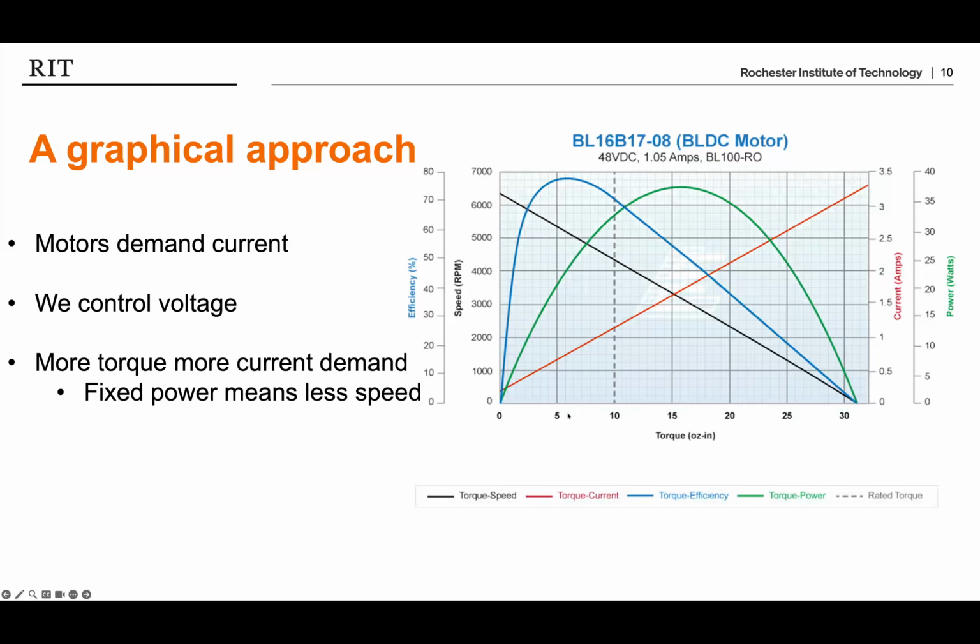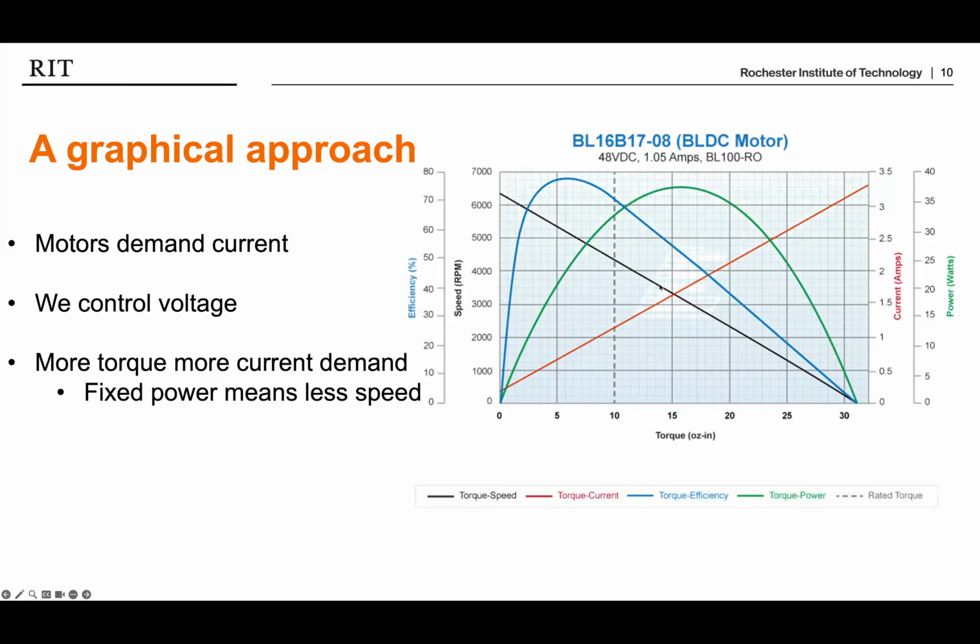And again, assuming that my input power is fixed, so I'm not getting more input power, I'm just exchanging speed for torque. These two things are multiplied together to get power. So if my input is fixed, then if torque goes up, speed must go down. And there has to be some proportionality to that, right?